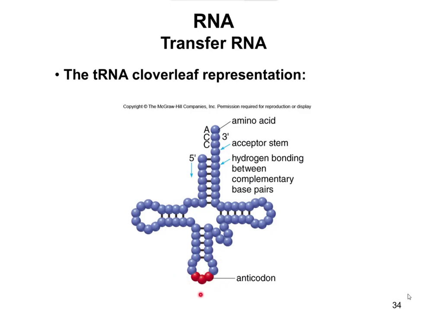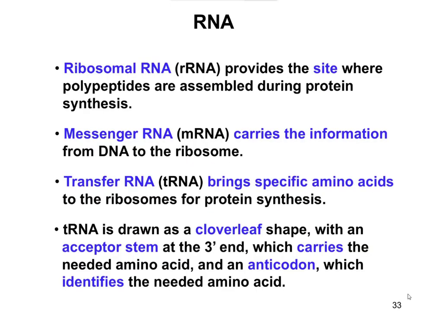This is the part that is going to bind to your messenger RNA, and if the anticodon binds to the messenger RNA, then a particular amino acid is going to add. We're going to look at how this works in a little bit more detail in just a minute. All right, so again, the types of RNA, the rRNA, the messenger RNA, and the tRNAs, all have their own unique functions, and the tRNA is the one that specifically binds to the messenger RNA and brings in a new amino acid.